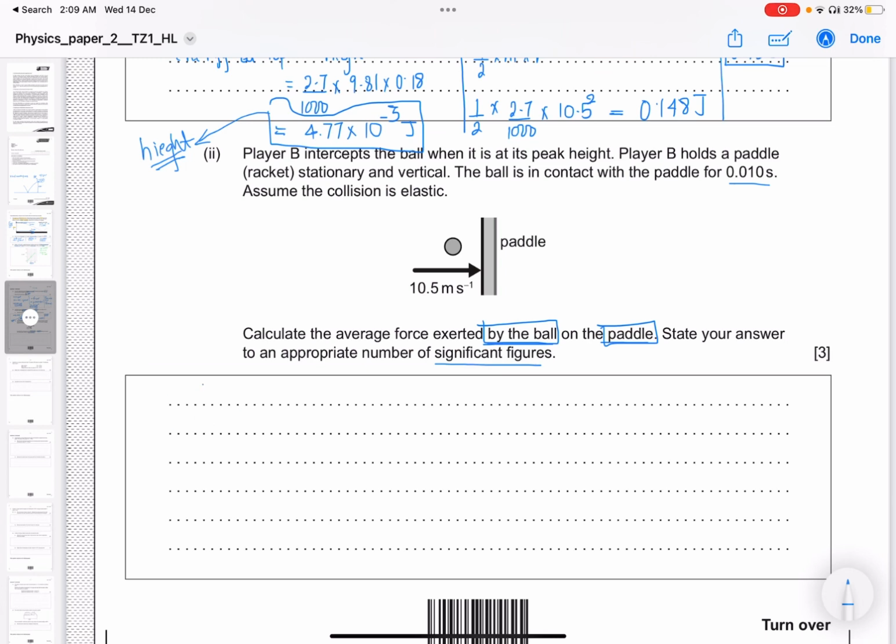So we know that force is equal to change in P upon change in t. This is the net force. Change in P is mv minus mu.